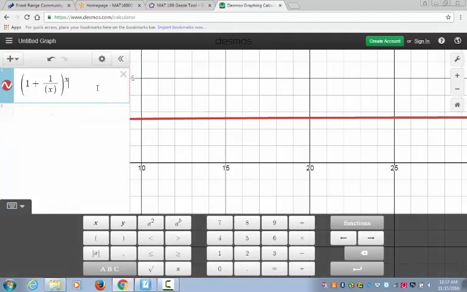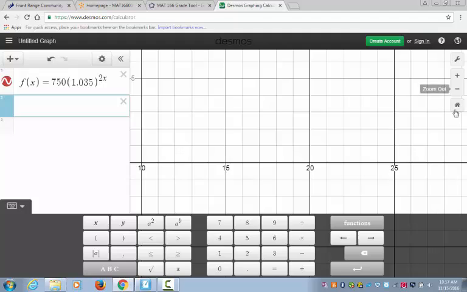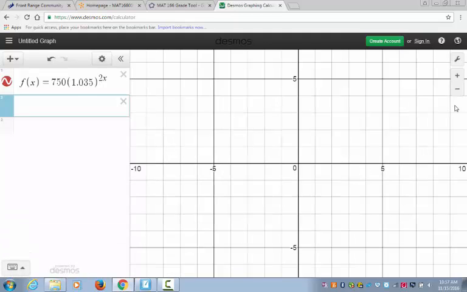So let's get rid of E, and then here let's use functional notation. And what was it? 750 times 1.035 to the x, or to the 2x actually. And let's go home. And let's see.